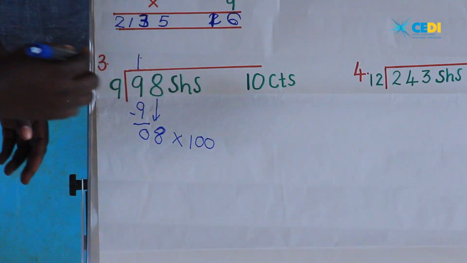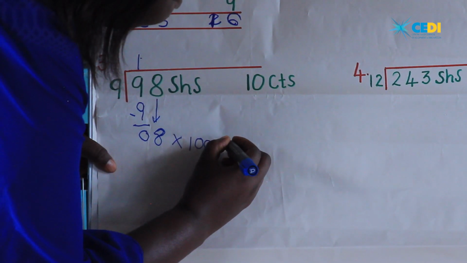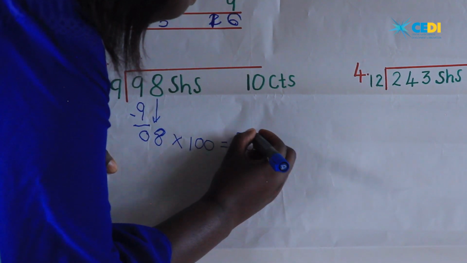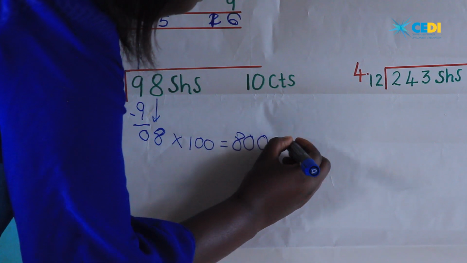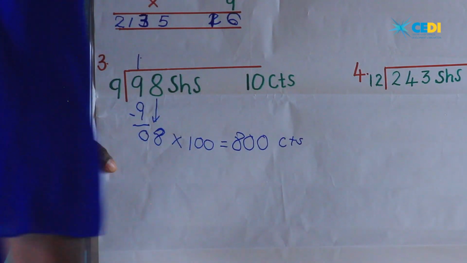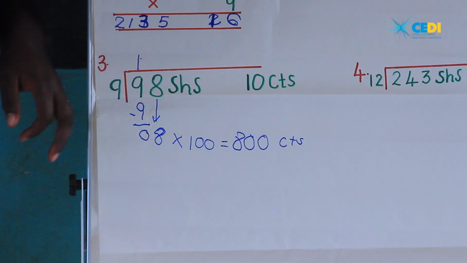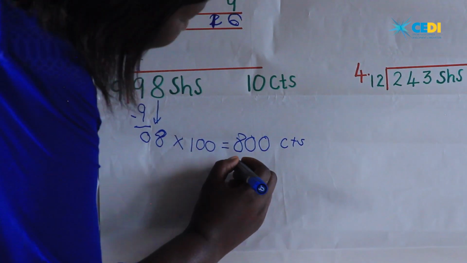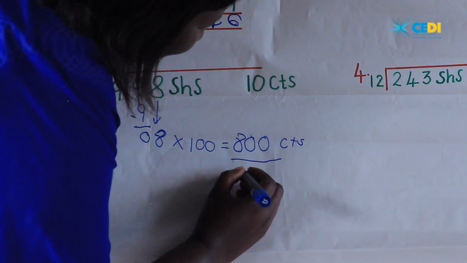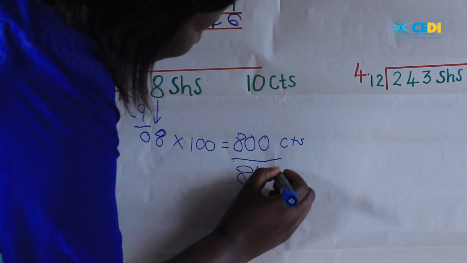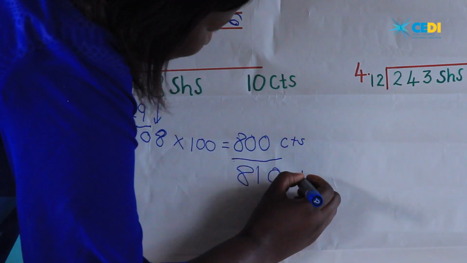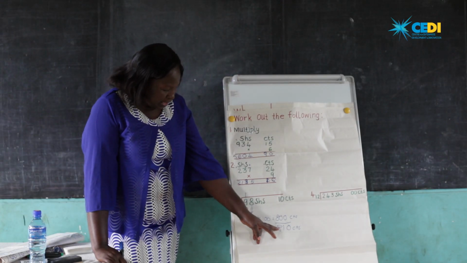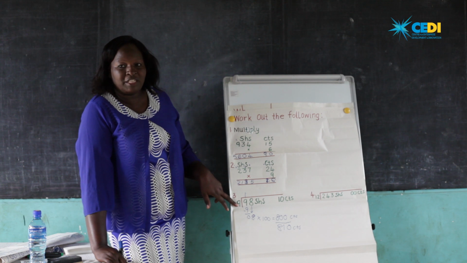8 times 100 will give us 800 cents. 800 cents, remember previously we had 10. So in total, we are going to have 810 cents. 8 cents cannot be given to 9 children.